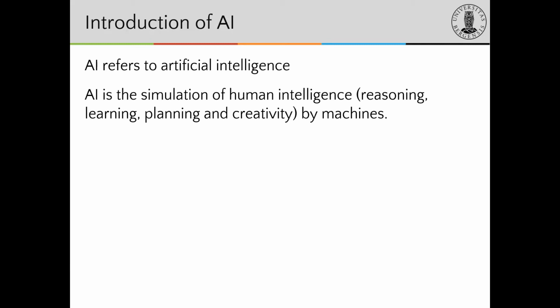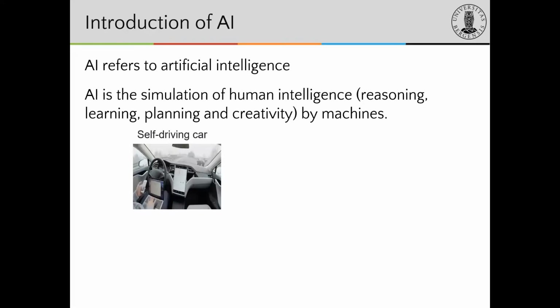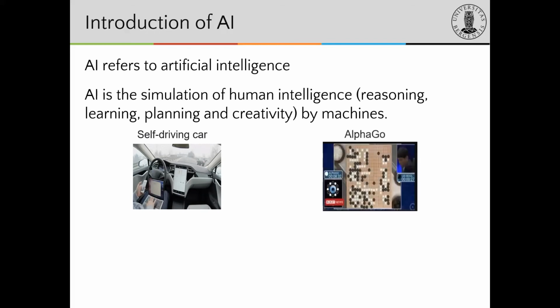In our daily life, we have a lot of successful applications based on AI. For example, the self-driving car. As I know, there are many cars that can drive autonomously on certain roads. Another important famous application is AlphaGo, the famous Go player in the world.